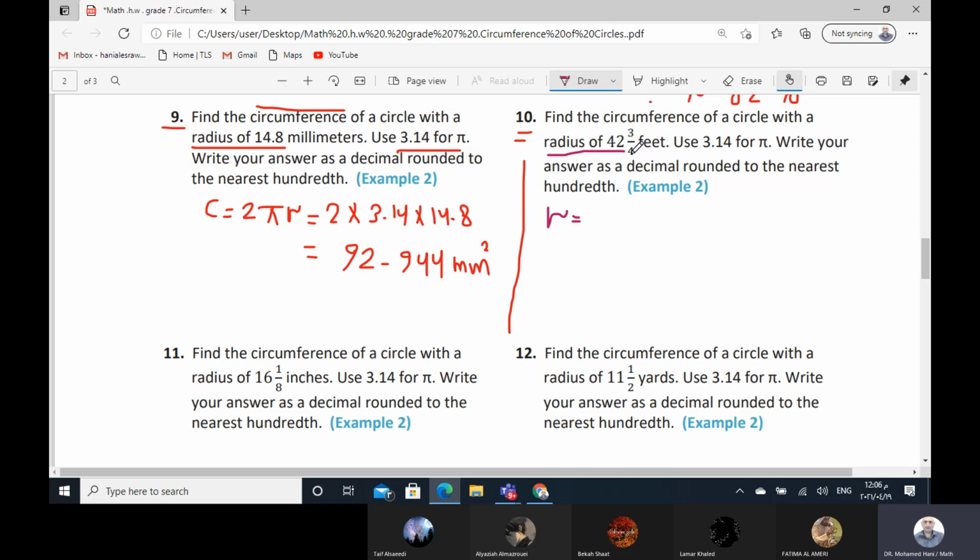So 42 times 4 equals 168. 168 plus 3 will be 171 over 4. Now 171 divided by 4, the answer will be 42.75 feet.